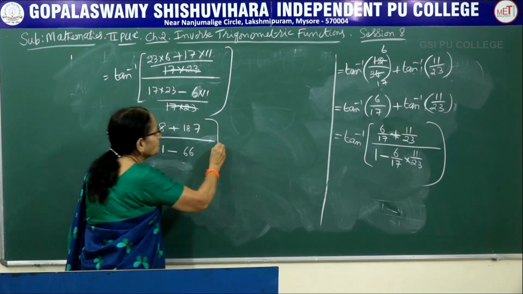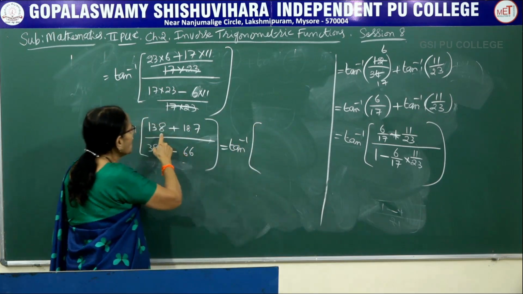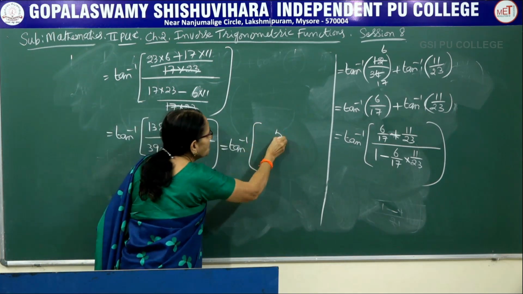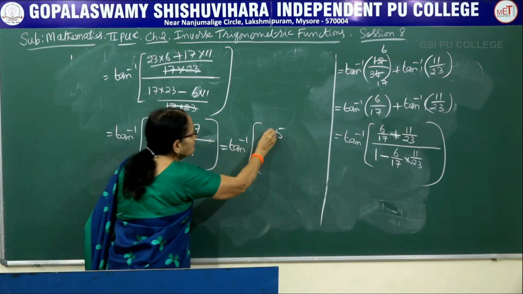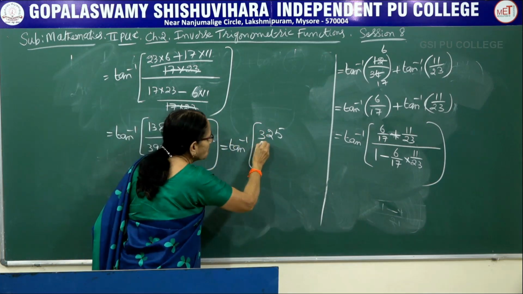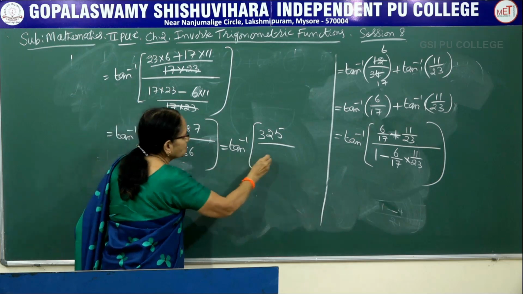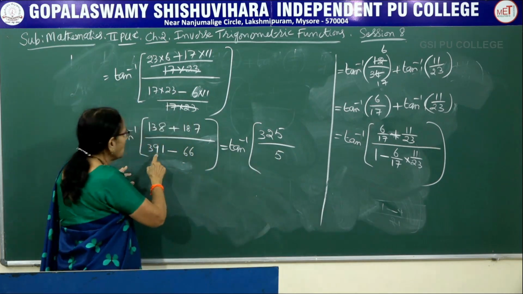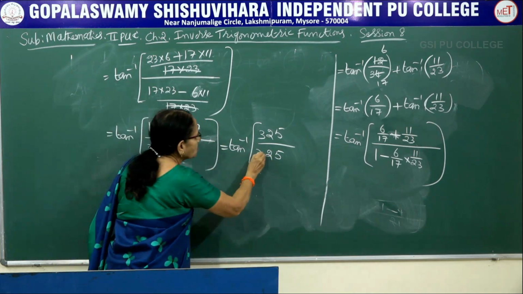Now it is only arithmetical calculation. Tan inverse of, add them, 8 plus 7, 15, 1 carried, 1 plus 8, 9, 9 plus 3, 12, 1 carried, 1 plus 1, that is 3. Now subtract 11 minus 6, that is 5, and 8 minus 6, that is 2 and 3.